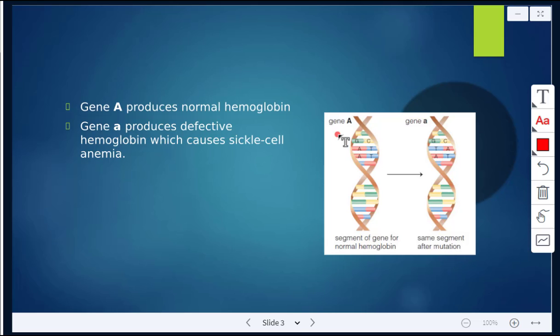If we look at our genetic code here, we have G, C, A, T, and A, T. And if we look here, this second one has been mixed up, and that is what is causing that mutation. So this gene, the lowercase a, will produce defective hemoglobin, which causes a disease called sickle cell anemia.